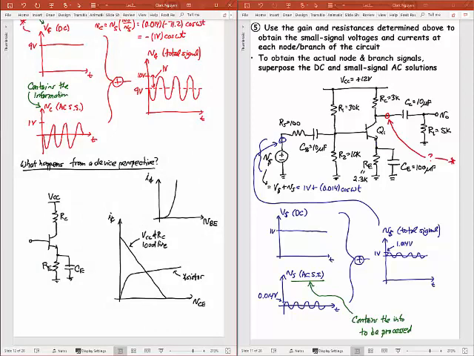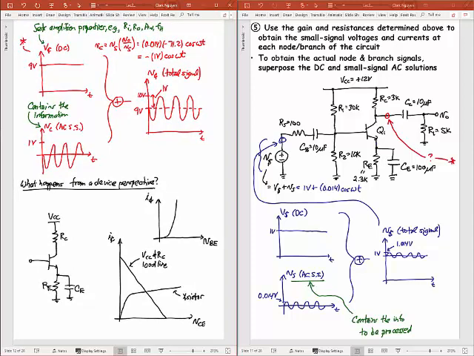Okay, we then did the small signal analysis, and we had to determine what this voltage looked like. I'm already drawing it there, but to determine that, I have to determine the small signal VC. So little VC, that's equal to the source voltage, which remember was 0.014 volts times the cosine omega t. And I'm multiplying that now by the gain, V naught over Vs, that we just calculated.